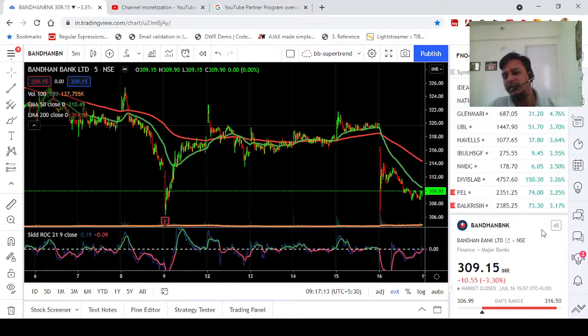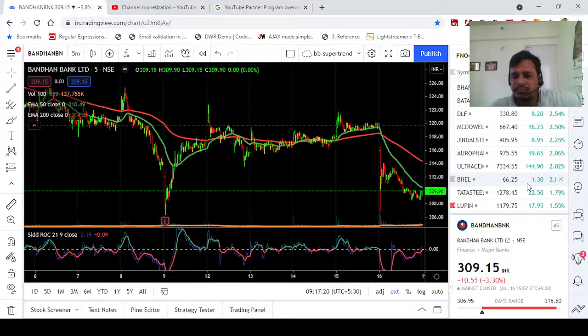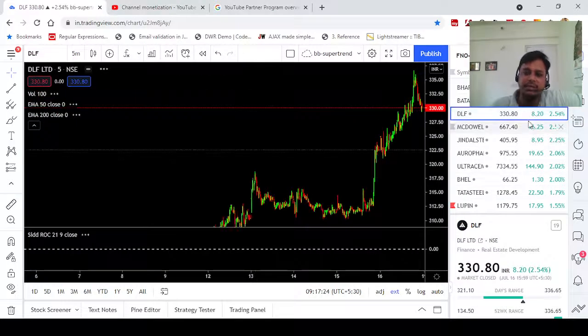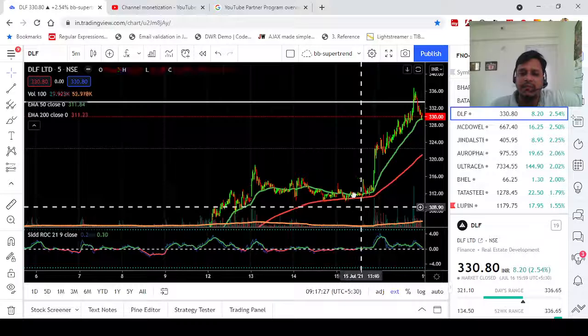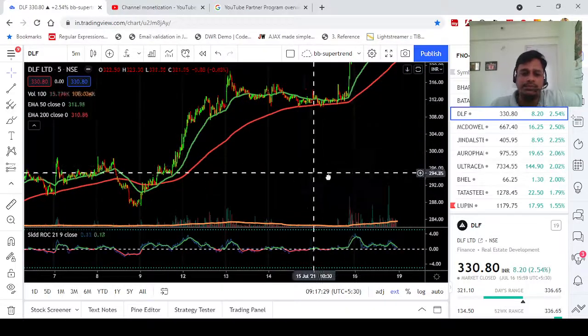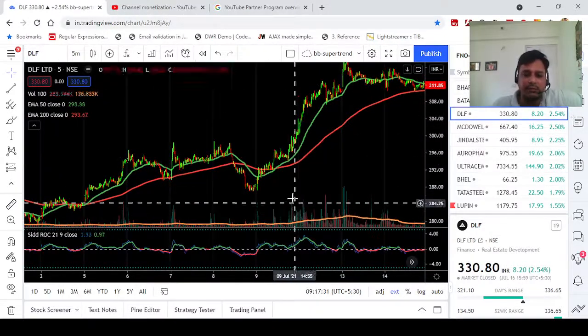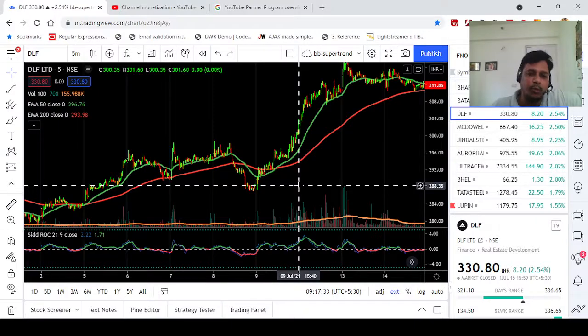So which are the liquid stocks? Like ICICI Bank, SBI, Tech Mahindra, and then Sun Pharma, this kind of stocks, DLF, this you can also take. Okay, so what we will do in this setup, we will work with the pullbacks only.